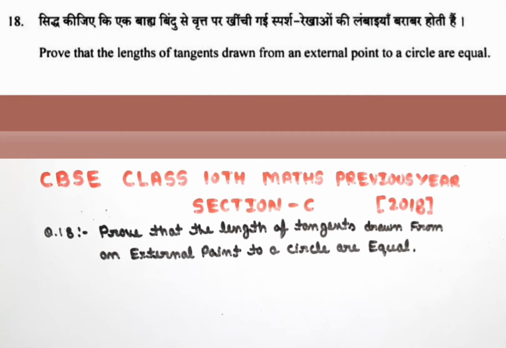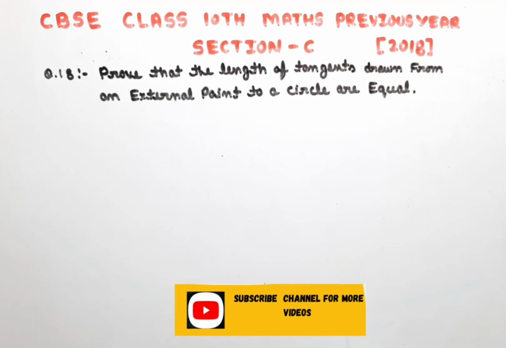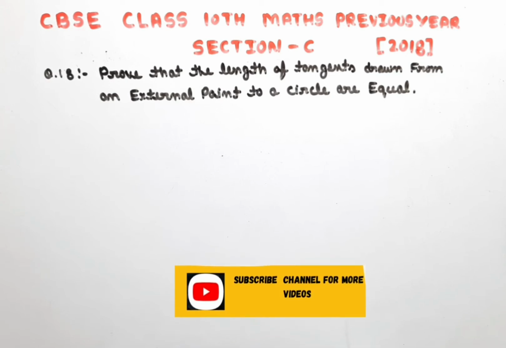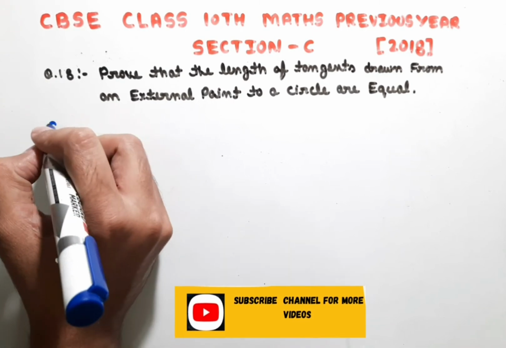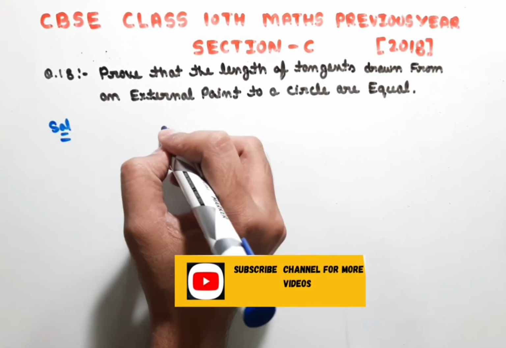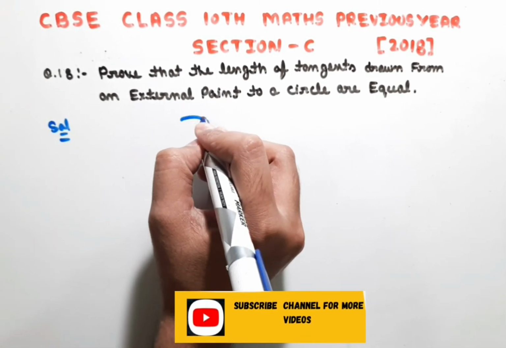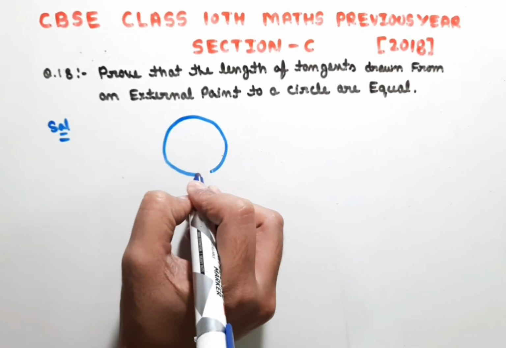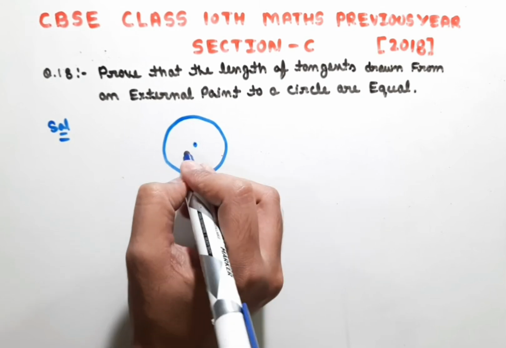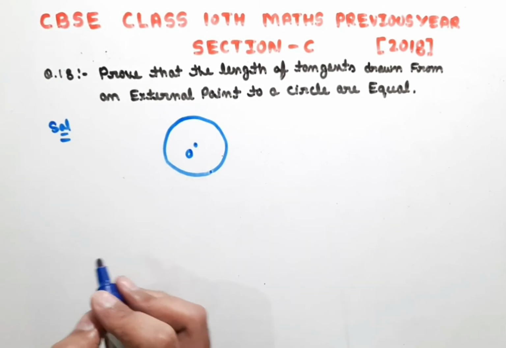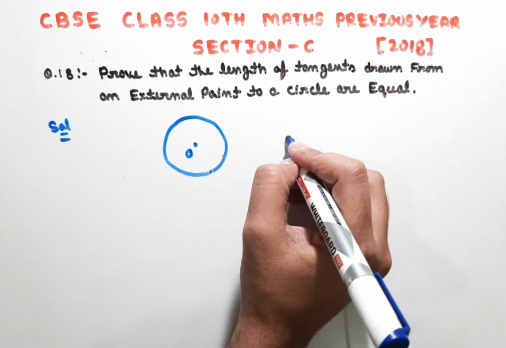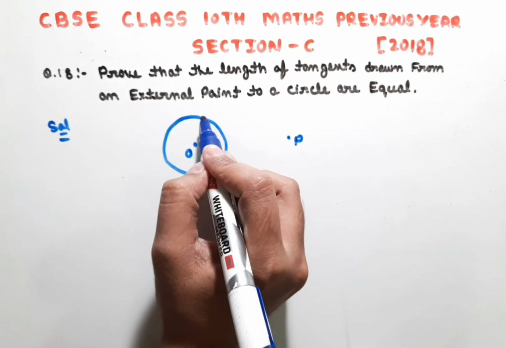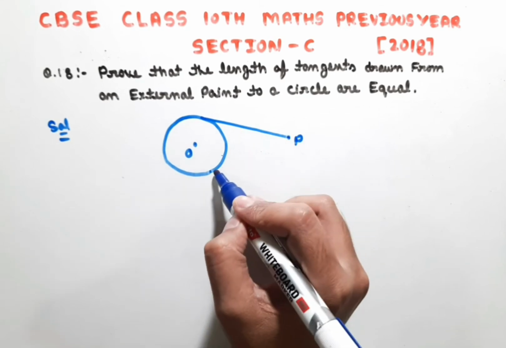Question number 18. Prove that the lengths of tangents drawn from an external point to a circle are equal. In this problem, let's consider a circle with center O. Let's consider an external point P. From external point P, two tangents to the circle are drawn.